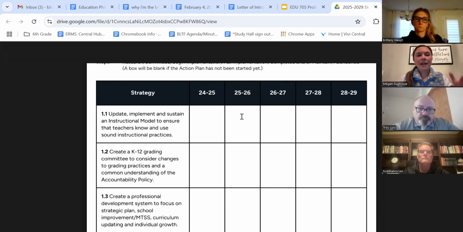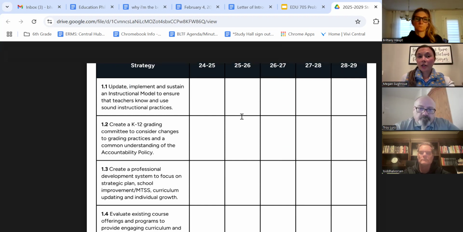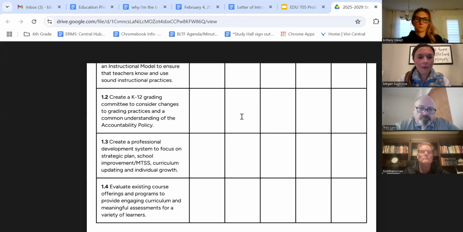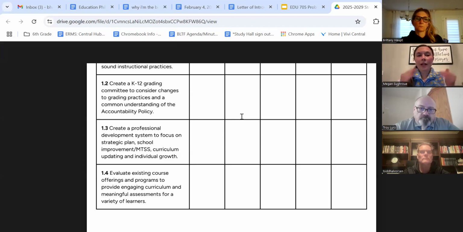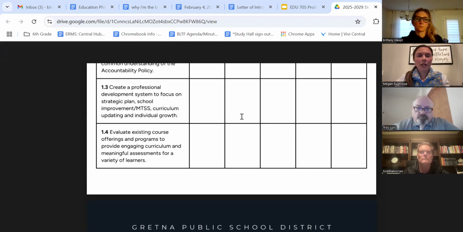And it breaks it down into strategies. Some strategies go towards every area of the school. Some are geared more towards certain levels or certain areas within the district. But they break it down even more. So you have your overarching goal and then their steps and how they're going to keep track of those steps as we go throughout the years.